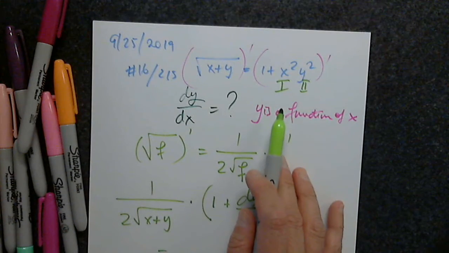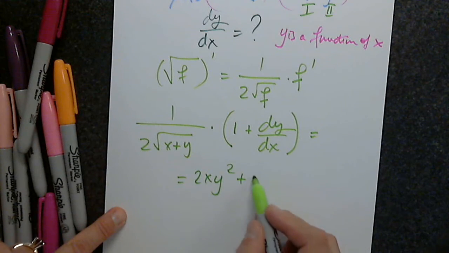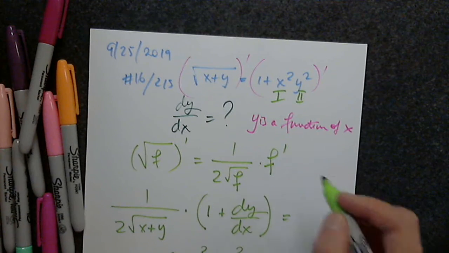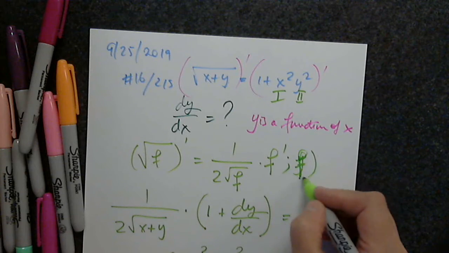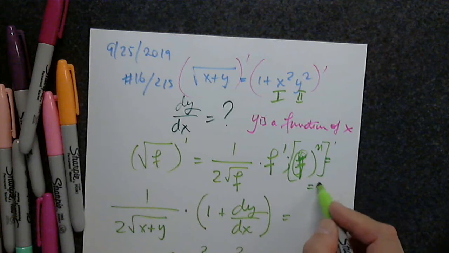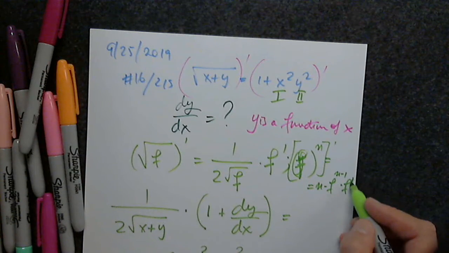X squared prime is, very good, 2x times y squared plus x squared times, let me refresh your memory on the formula: f to the nth power prime is n f to the n minus 1 times f prime.